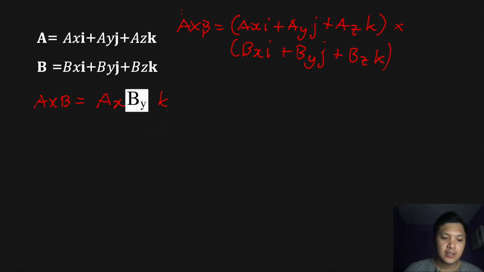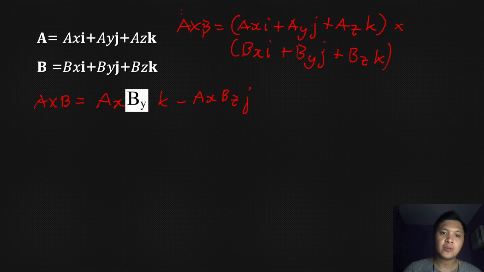So I cross K is negative J. So that's negative AxBz J. Okay, next is AyJ cross BxI.